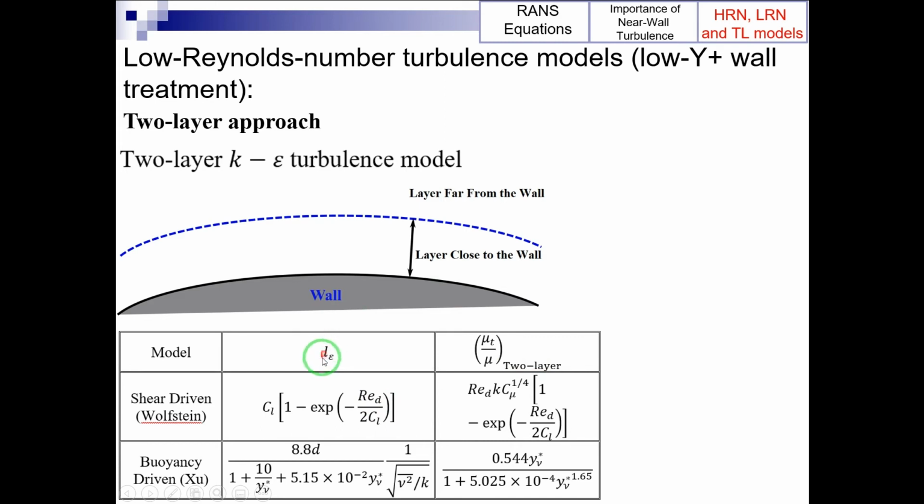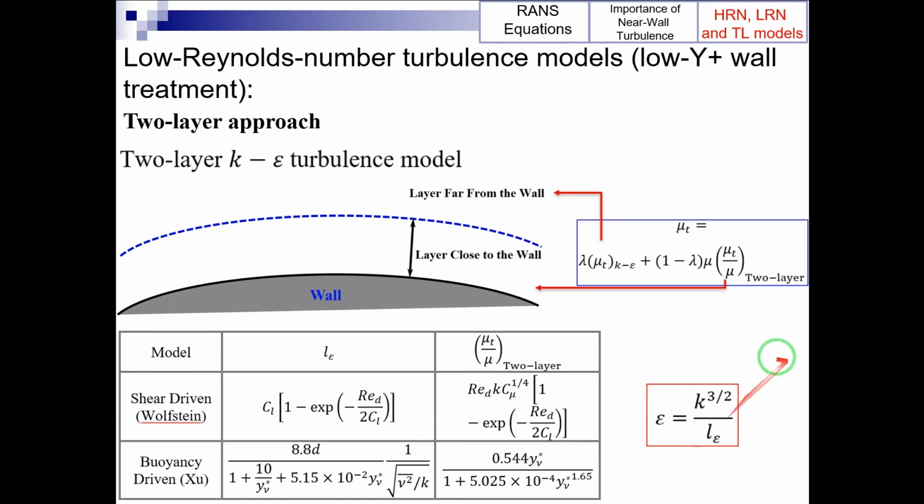L epsilon is the turbulence length scale, and the dissipation rate is defined using this equation based on turbulence kinetic energy and length scale. Then the eddy viscosity values are blended smoothly with the values computed from the transport equations used for the layer far from the wall, as shown here.